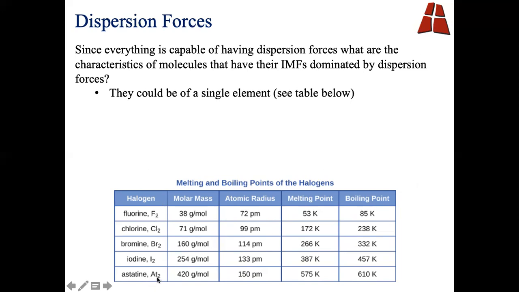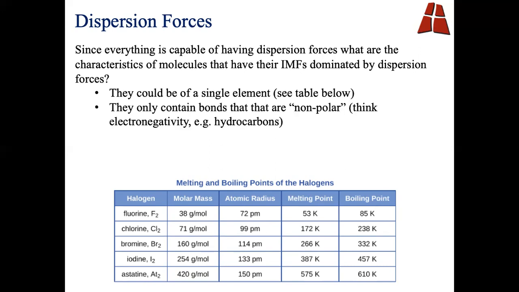So for example, if you look at the different halogens, so fluorine, chlorine, bromine, iodine, and astatine, you could see that as they get larger, the melting point increases as well as the boiling point. And that is because they have a more polarizable electron cloud, making their dispersion forces greater and having an effect on the physical properties then of these molecules. Okay.